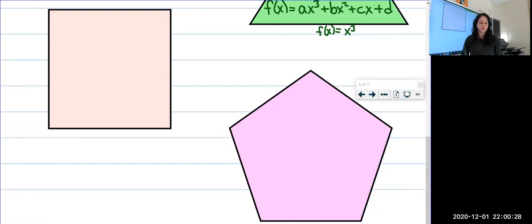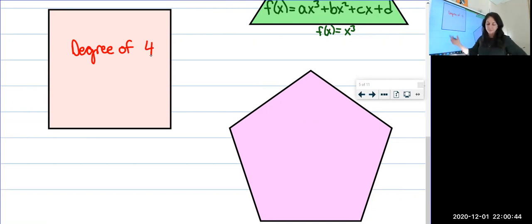And we're going to go ahead and look at this square here. Well, in case you haven't figured my pattern out yet, the square is going to be a degree of 4. And this is called a quartic.